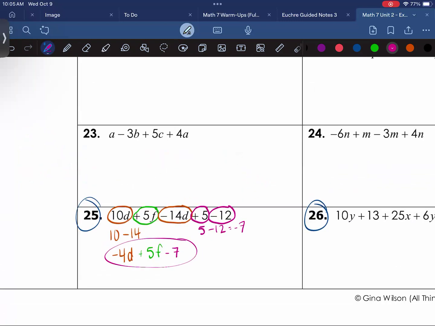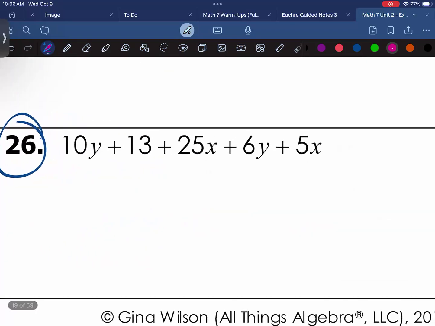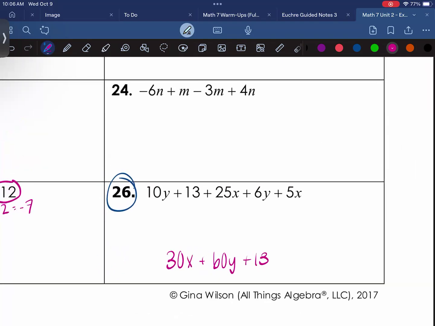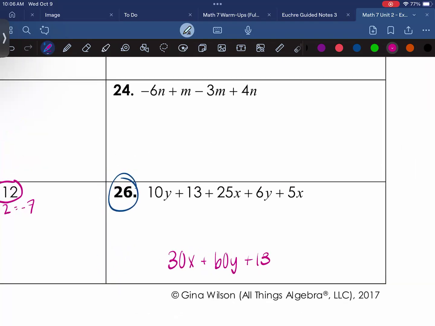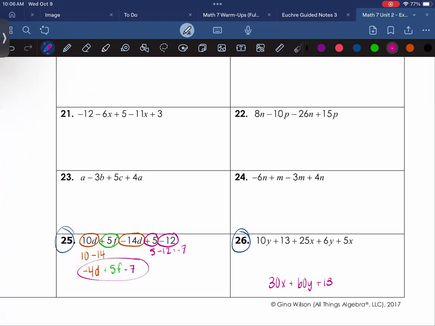All right, go ahead. So you may have already tried it. If you didn't, try number 26, pause here and try it now. So you should have gotten 30x plus 60y plus 13. If you did not get that correct, please go ahead and ask for clarification first, and then try number 23 to give you more practice.